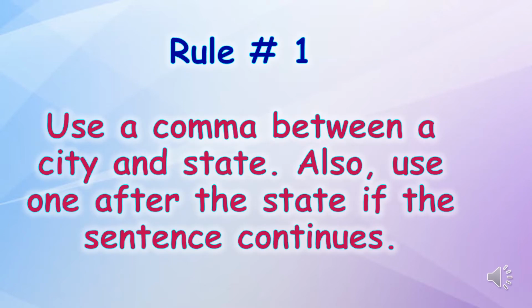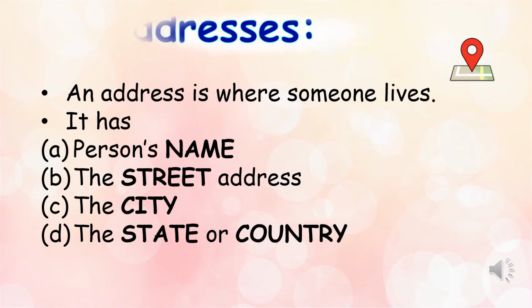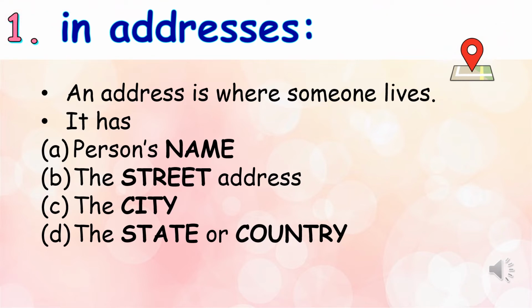Rule number 1. Use a comma between a city and state. Also, use one after the state if the sentence continues. How is a comma used in addresses? First of all, let us understand what an address is.